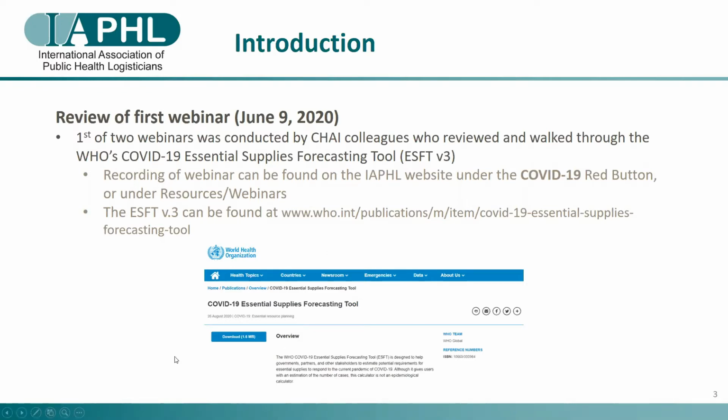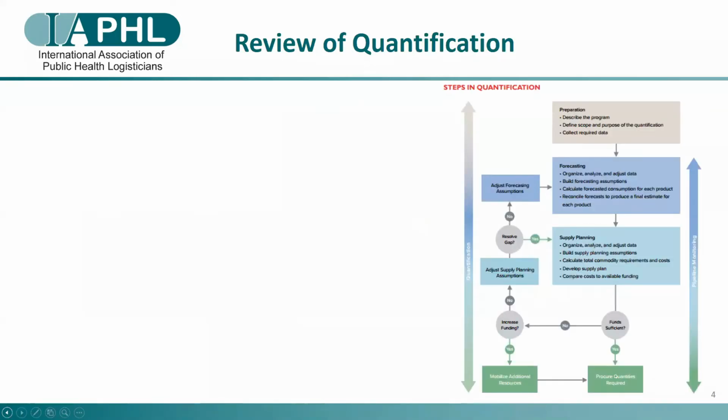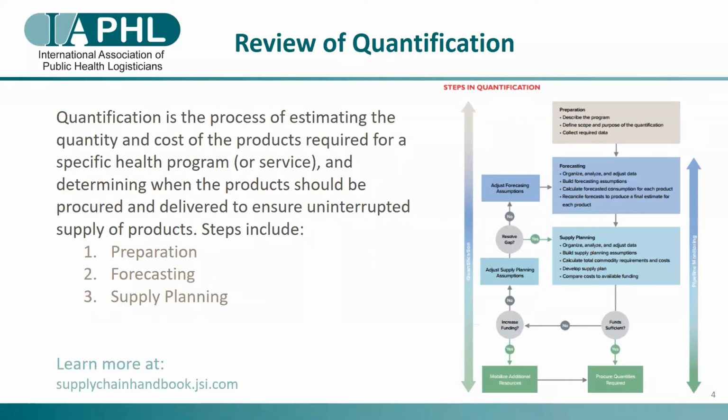This is what the screen would look like. Let's just review what quantification is. Quantification is a process for estimating the quantity and the costs of products required for specific health programs or services, and determining when those products should be procured and delivered so that you have an uninterrupted supply of products.